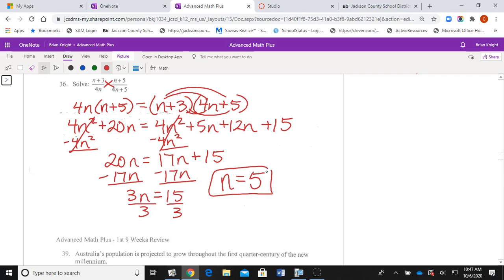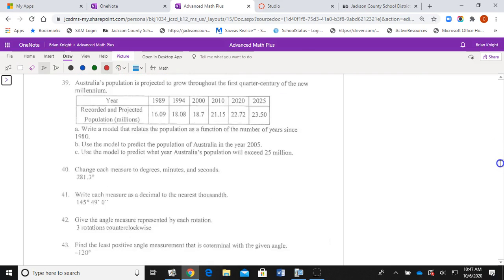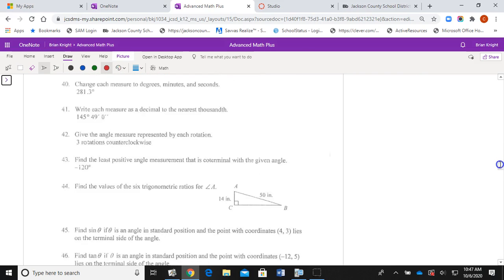All right. As I said, 37 and 38 we can skip. And 39. We told you to skip 39 too. 40. Back to degrees, minutes, and seconds. Stuff that should be fresh on your mind because we have been doing these pretty recently. To change it to degrees, minutes, and seconds, remember you can again use your calculator.